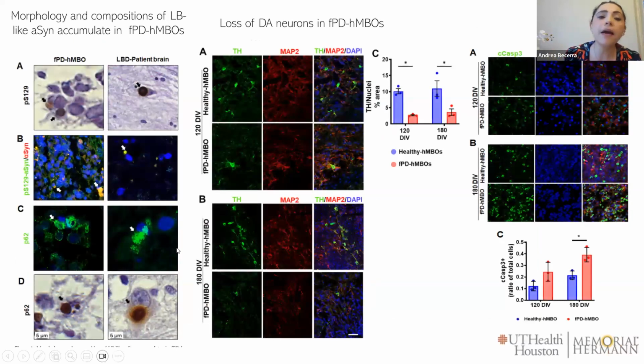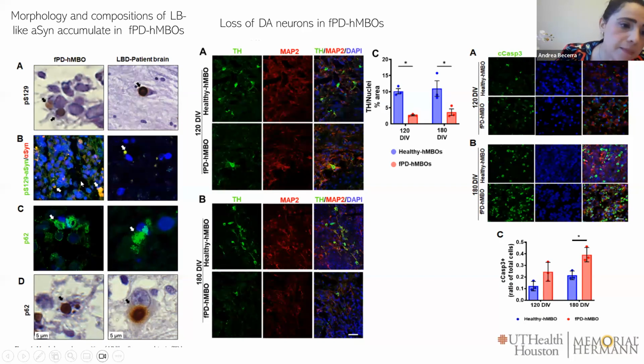If we compare with the human brain, we found the histological characteristics of Lewy body formation. This is how the Lewy body looks in a Lewy body disease patient brain, and this is how it looks in the midbrain organoid. It's not exactly the same, but it's very similar.